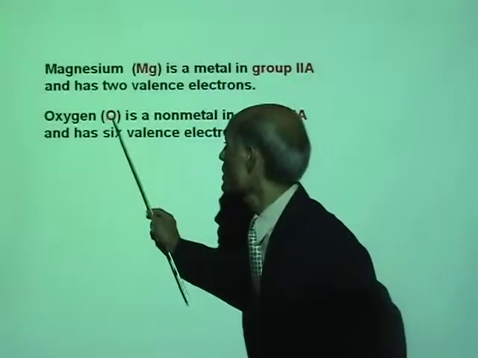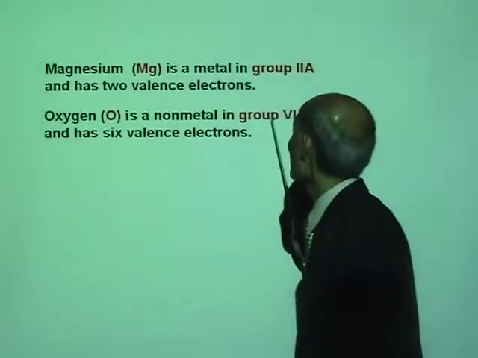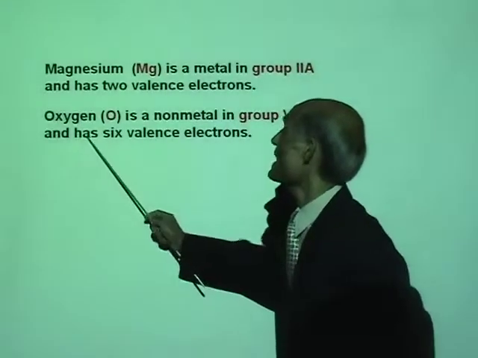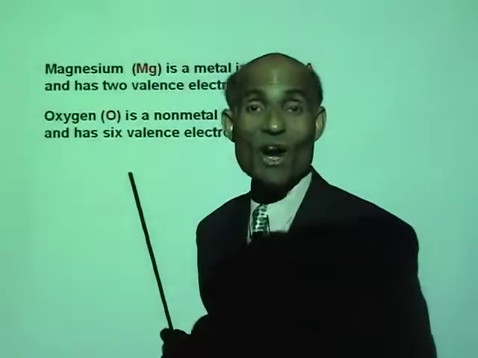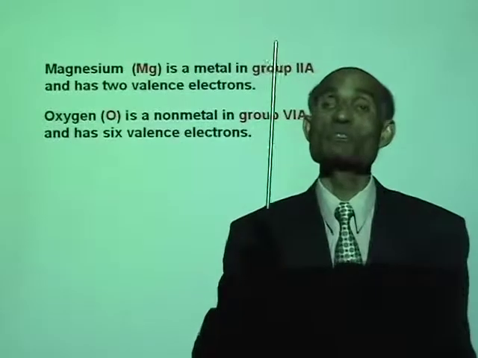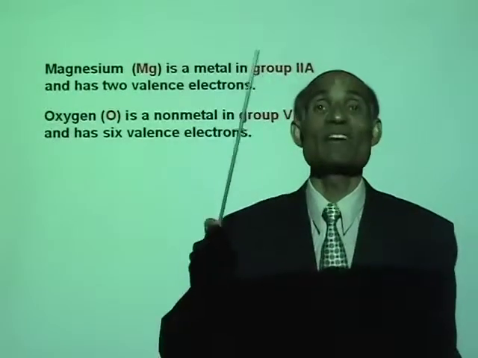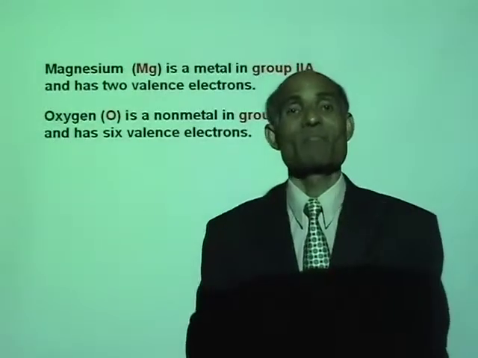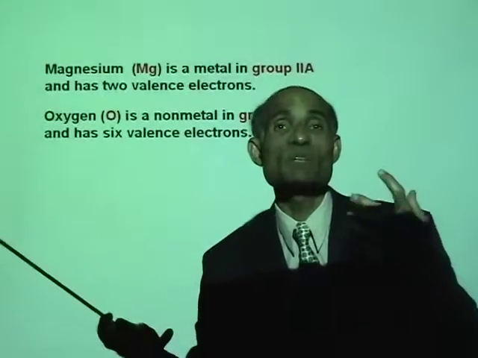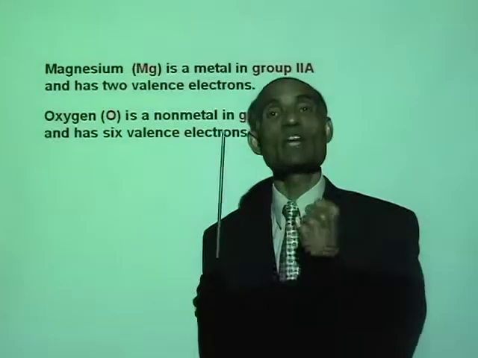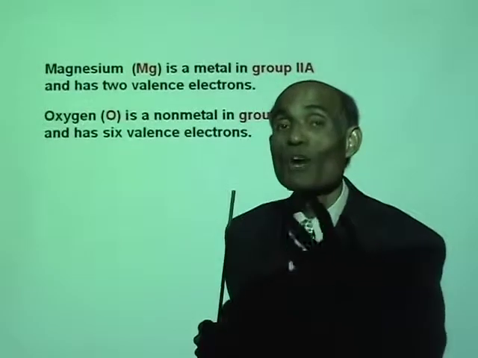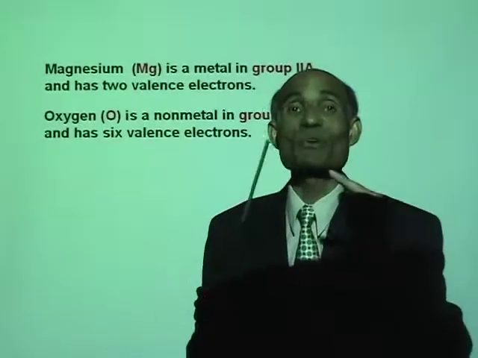Oxygen, O, is a non-metal in group 6A and has 6 valence electrons. Is that right? Oxygen is in group 6. It has 6 valence electrons. Can you work out an arrangement between magnesium and oxygen and give me the formula for the compound they are going to form?